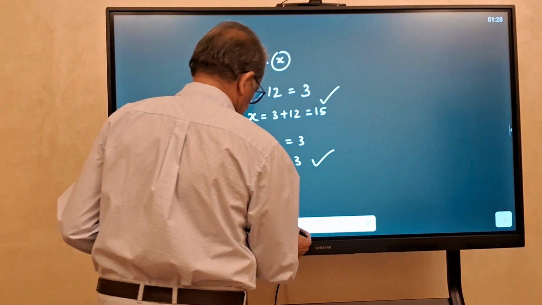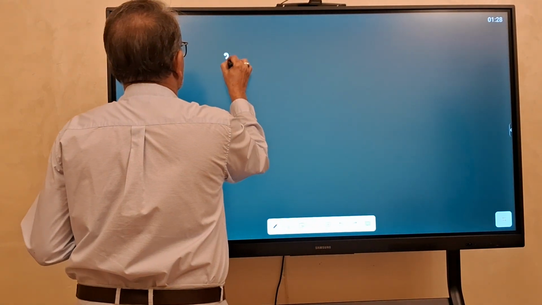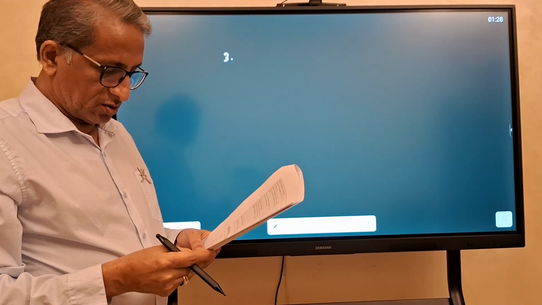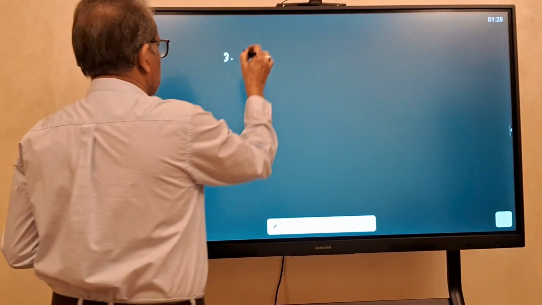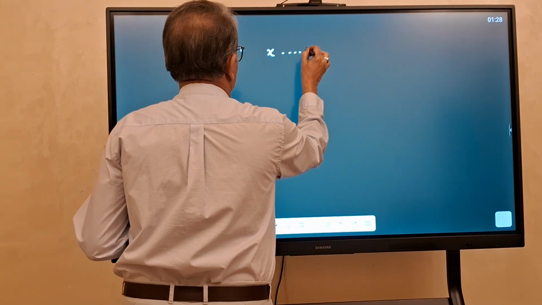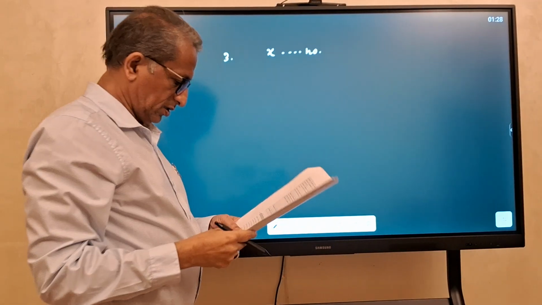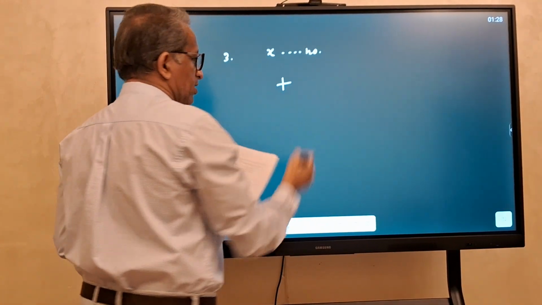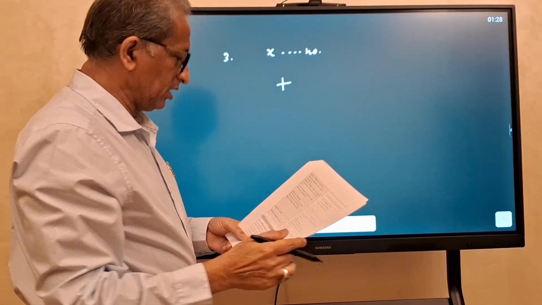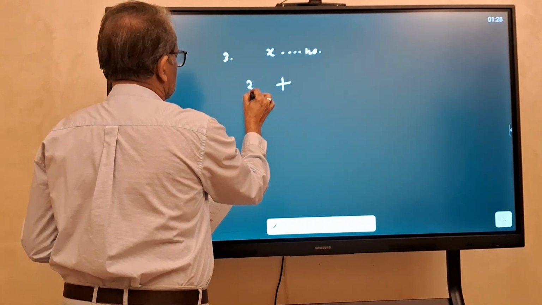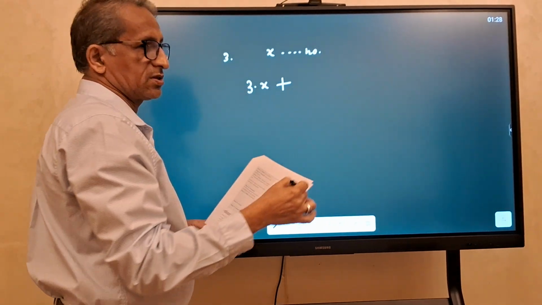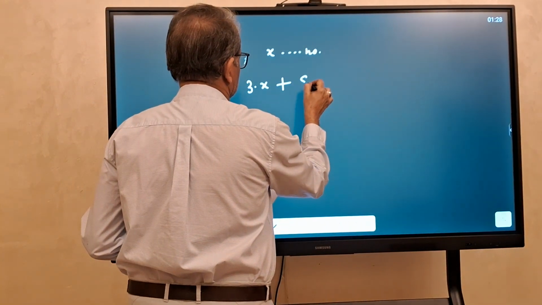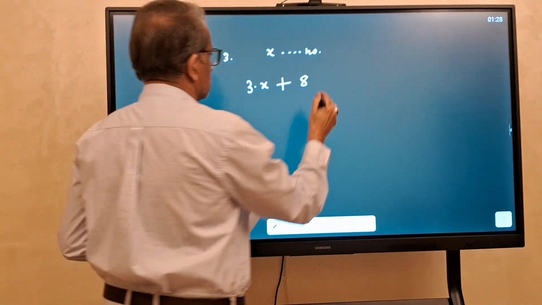Number 3. The sum of 3 times a number and 8 is 23. Find the number. So let's say x is the number. Then the sum means addition. The sum of 3 times a number, where times means multiplied, of a number and 8 is 23.